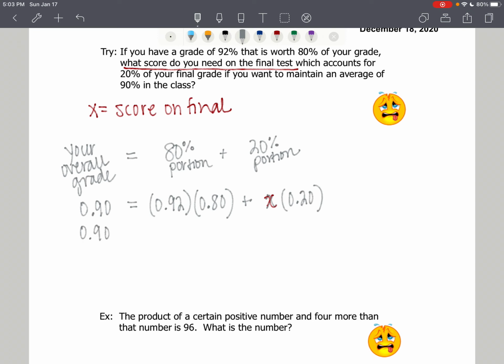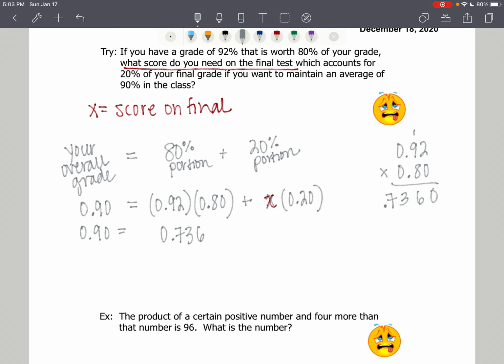So 0.90 equals, I have to take 0.92 times 0.80. You can use a calculator. I am going to show you how you can multiply off to the side fairly quickly, but using a calculator is okay.